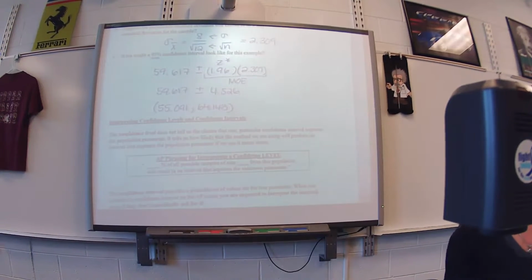I am 95% confident that the true mean speed of cars on that stretch of road is somewhere in the interval from about 55 to about 64.